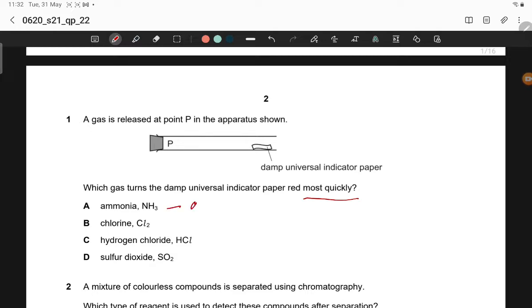Ammonia is an alkaline gas. It turns red litmus paper blue.